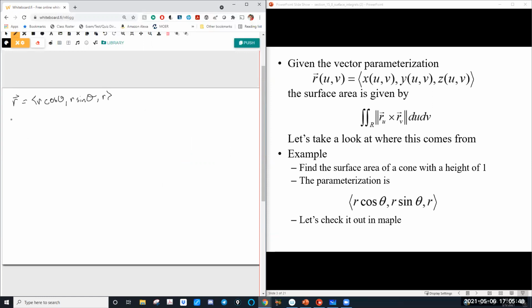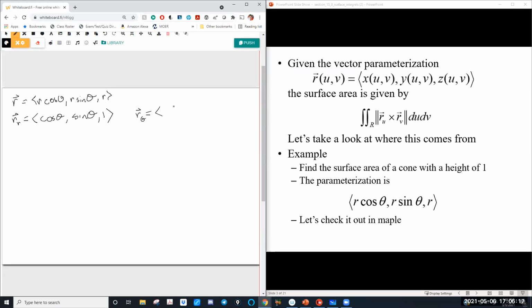So what we're looking at is the partial of r with respect to r, the derivative of each component with respect to r. Now the derivative of r is 1, so we're left with cosine theta, sine theta, 1. And we're going to do the derivative of r with respect to theta.